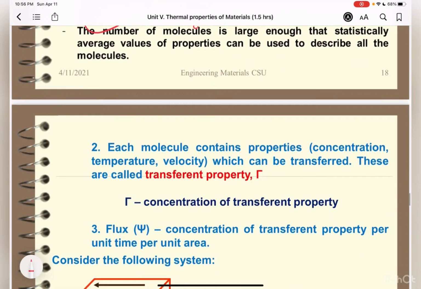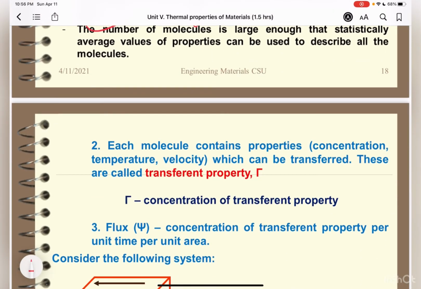The second basis is that each molecule contains properties, either concentration, for your molecular transport of mass, temperature, for your molecular transport of heat, or velocity, for your molecular transport of momentum, which can be transferred.